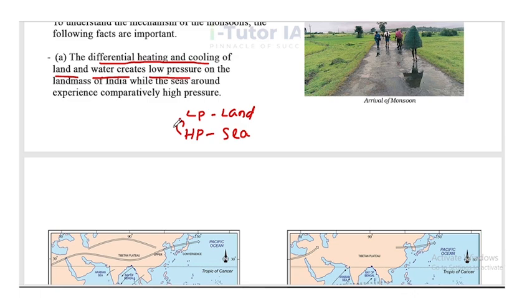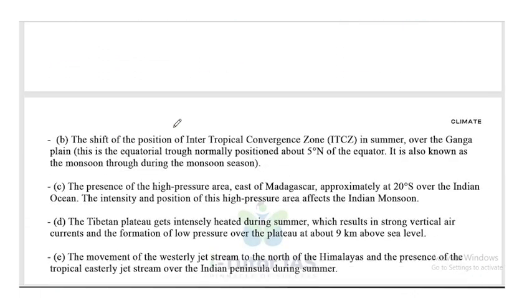Now the second one: the shift of the position of the intertropical convergence zone, that is ITCZ, in summer over the Ganga plain. This is the equatorial trough, normally positioned about 5 degrees north of the equator. It is also known as the monsoon trough during the monsoon season.